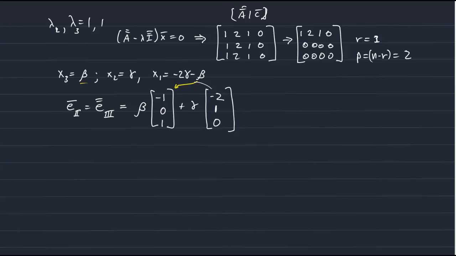So this is the eigenvector. These are the eigenvectors for the second and third eigenvalues.